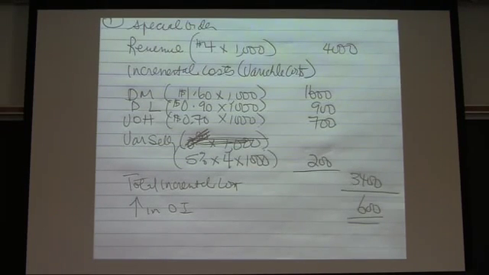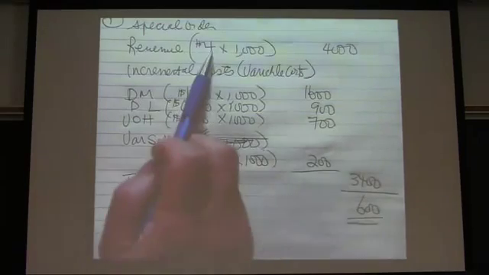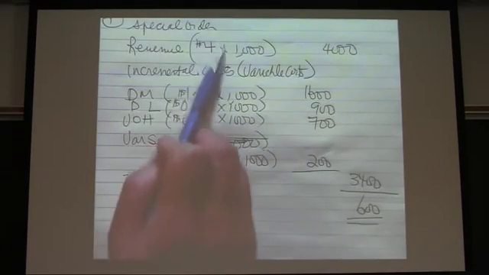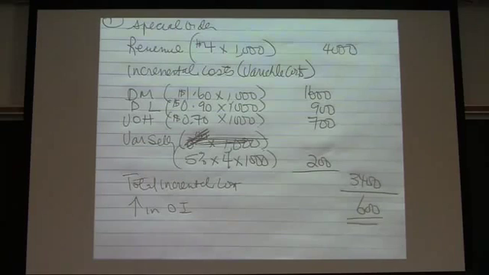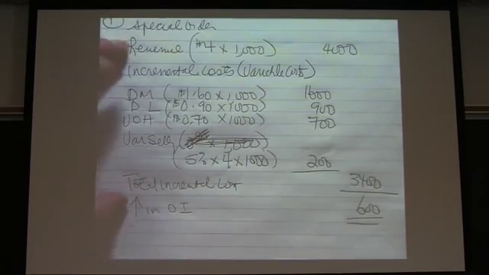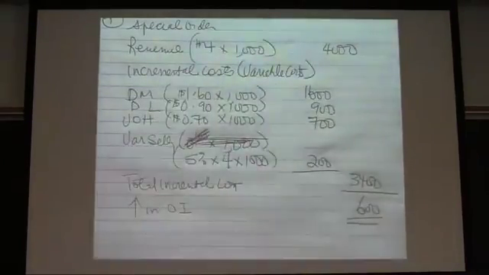And we're also going to assume that this $4 that we're going to charge for the special order is not going to affect the entire customer base. The other customers are not going to be affected. And that's why it's called a one-time special order. And that's the key. If the one-time special order becomes a repeat order, then it's no longer a one-time special order, and we have to incorporate the impact on the rest of the business. So this is why it only affects that 1,000.